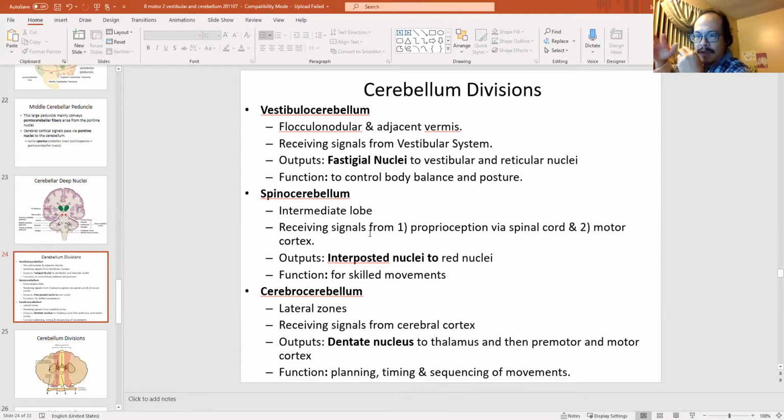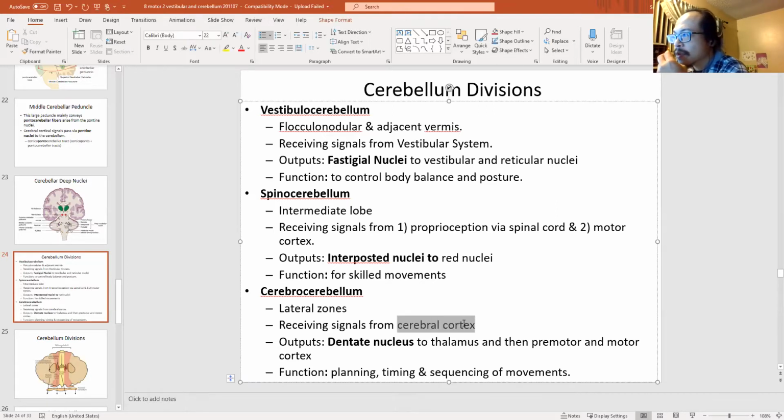I was a little bit overlapped on these two, but now I want to make it clear that the vestibular cerebellum is one because its output is not red nucleus. It's not something that controls the fine movement. It's the one to control the body balance and also the muscle tone. The cerebral cerebellum receives signal from the cerebral cortex.